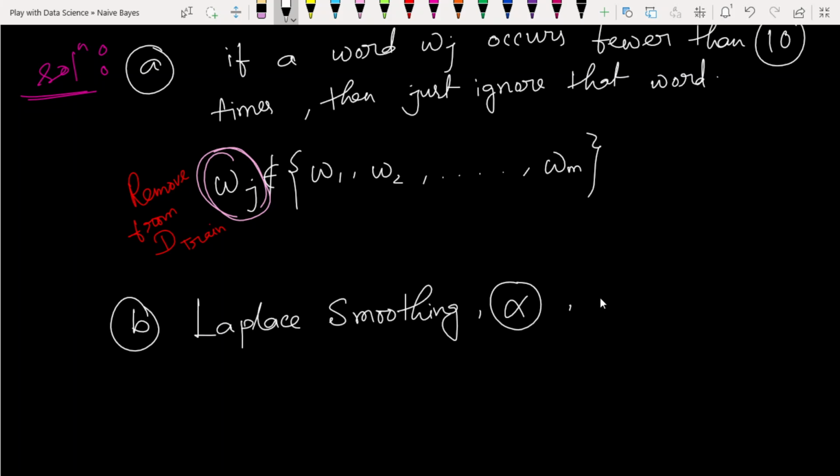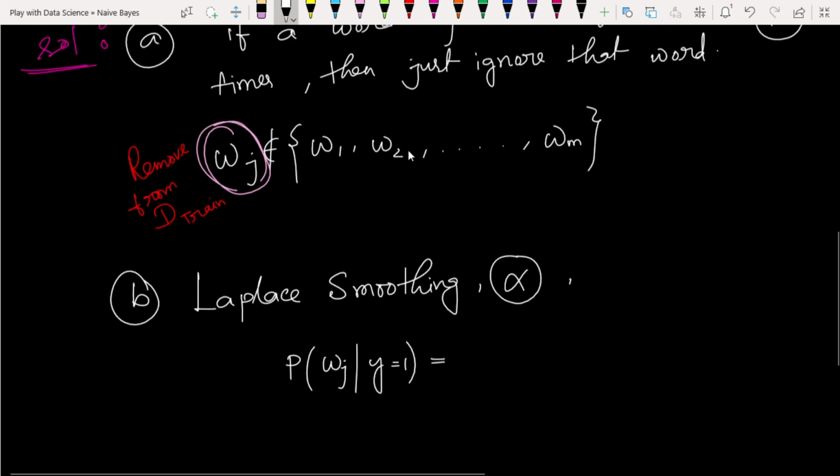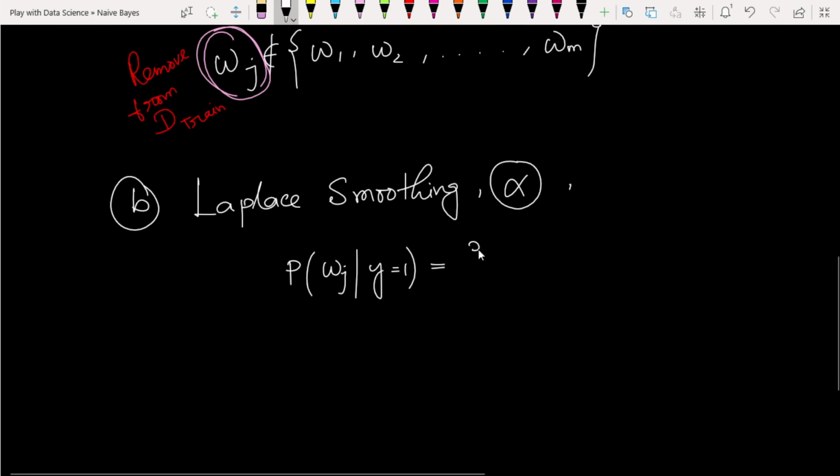We saw this for minority classes. Why does this work? Because of the likelihood probability: w occurs only a few times, suppose 3 times, and our number of data points is, suppose, 10,000. By adding Laplace smoothing, as we saw in the previous lecture for minority classes, alpha has more impact.